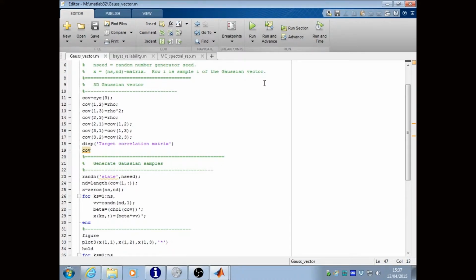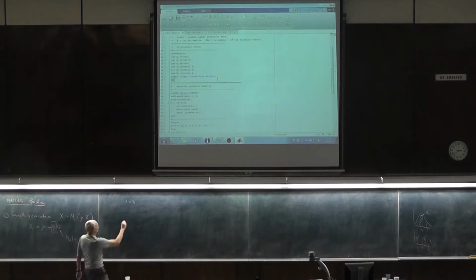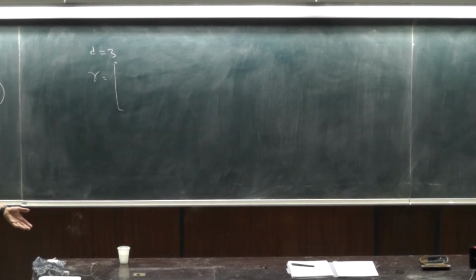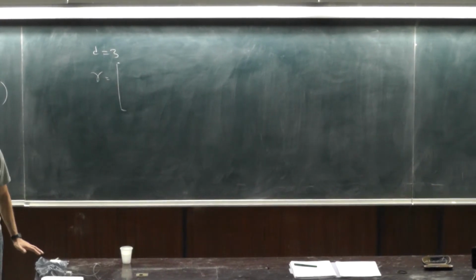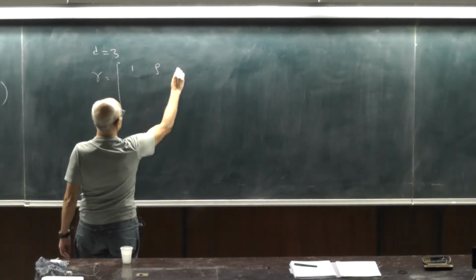So I just constructed a correlation function. So this is a correlation function I have constructed, and in this case it looks something like that. D is equal to 3, and gamma, I'm going to write, it's a symmetric matrix, everybody realize that it's symmetric, and in my case it looks something like this.